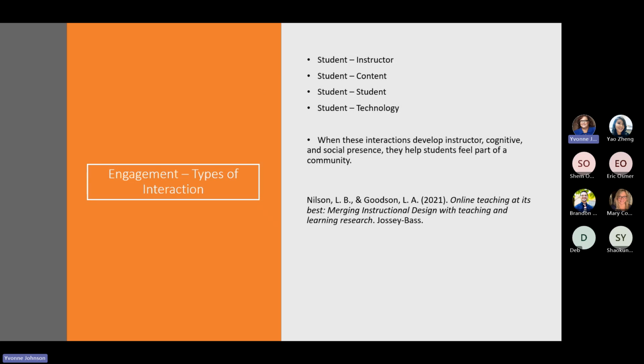And we're going to show a variety of techniques today. And think about also the different types of interaction. How are you going to have the students interact with you as the instructor, with the content, with each other, with the technology? And these types of decisions are parts of the teaching and designing of a course process.